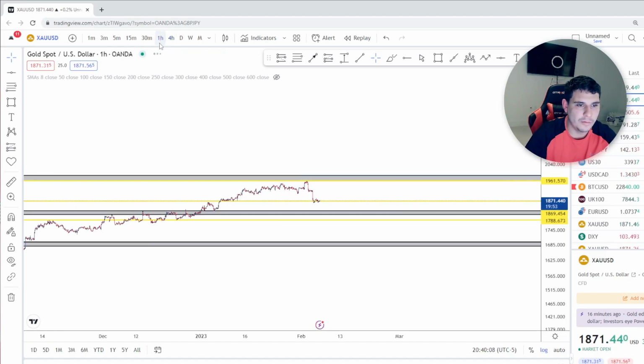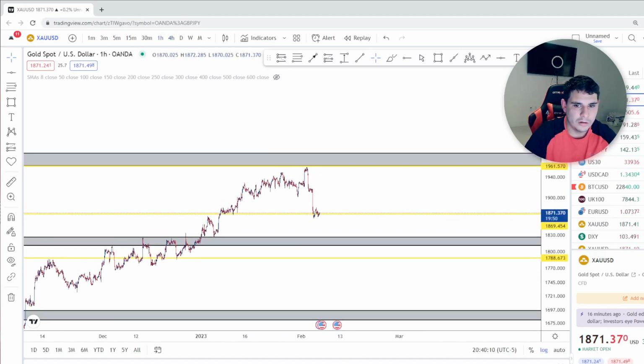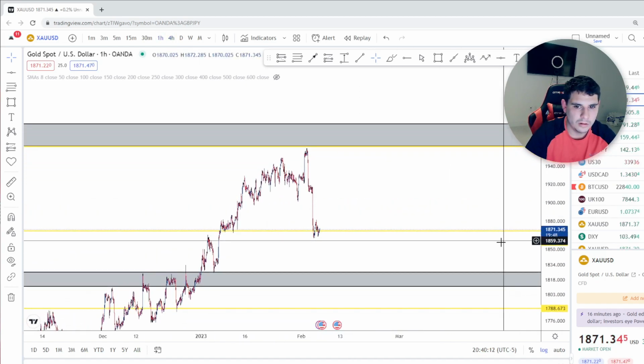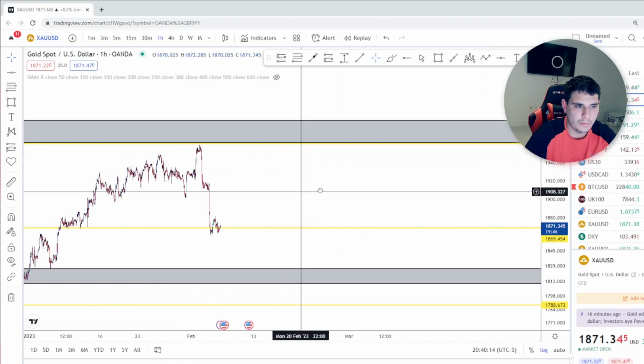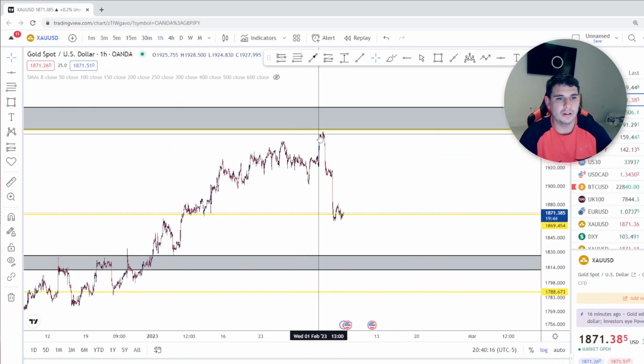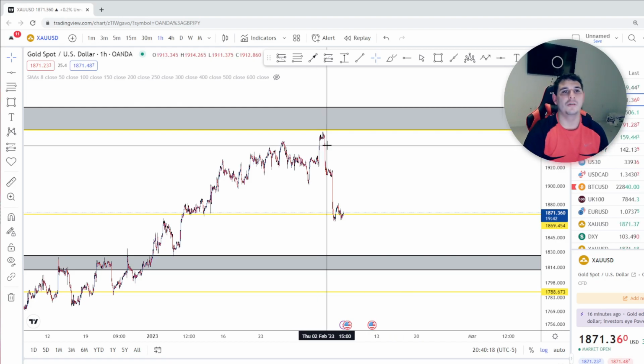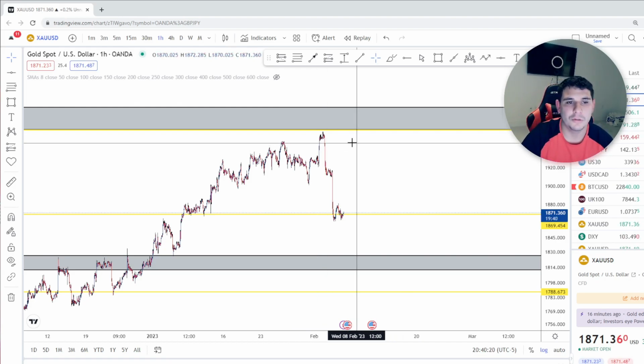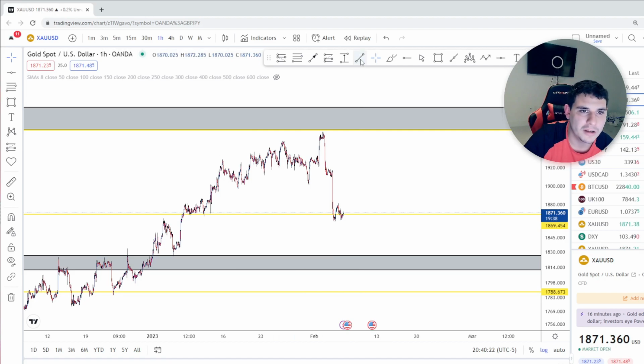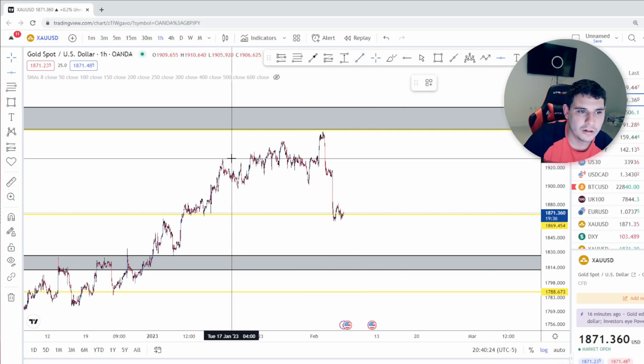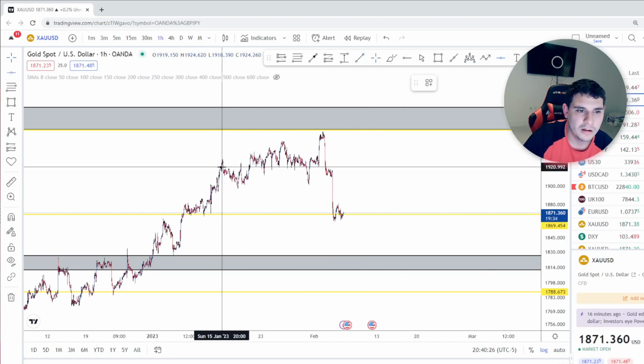We'll come down to 1 hour as well. This is when I'll stop using the horizontal lines, and then I'll switch over to the horizontal ray on the 30-minute time frame. So let's start seeing where else we can add.